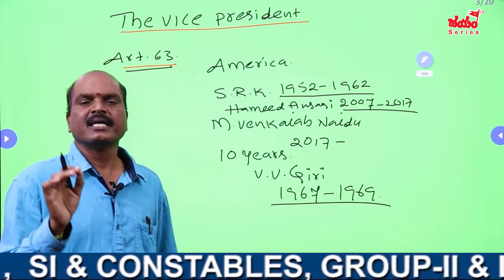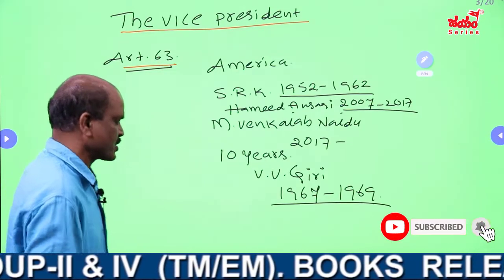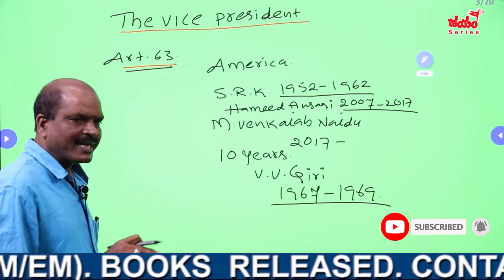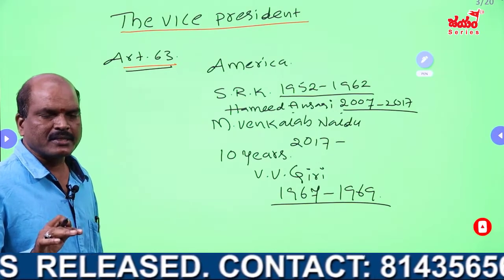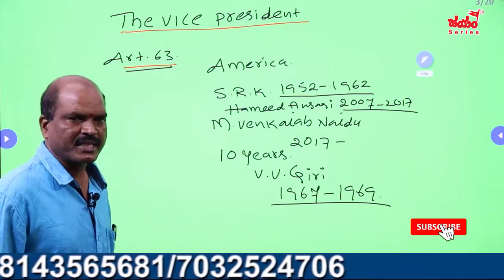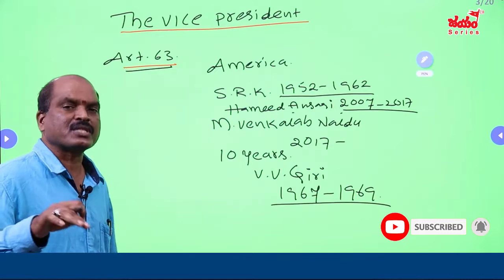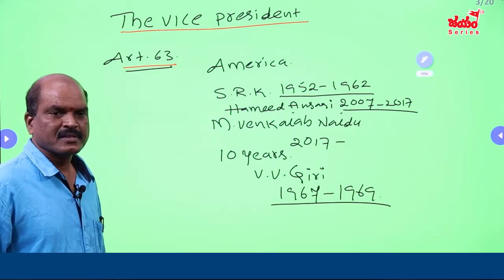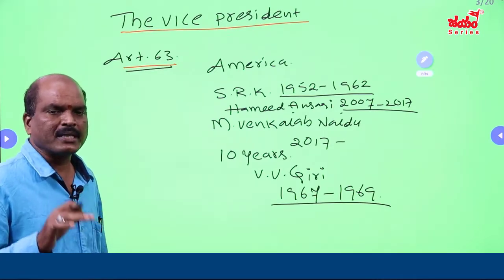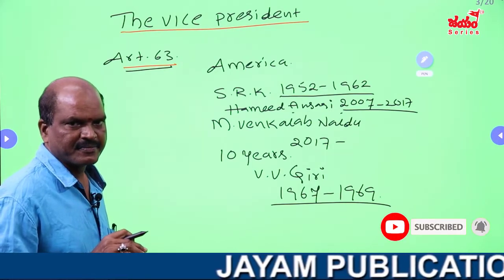Long period and short period. Okay. Next one. Till today, there has been no woman Vice President of India. Pratibha Patil was President of India, but there is no woman Vice President in India till today.